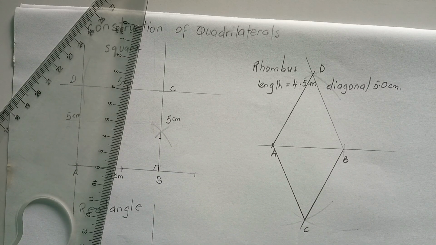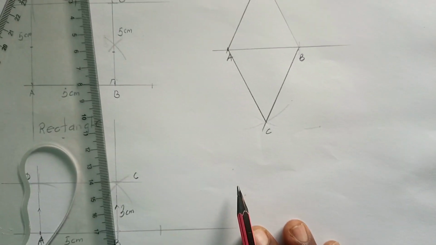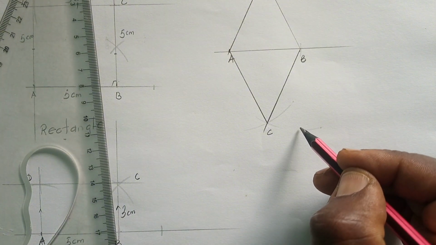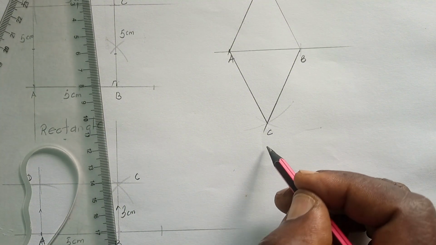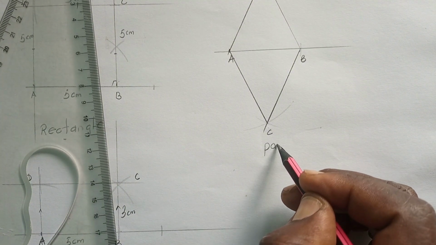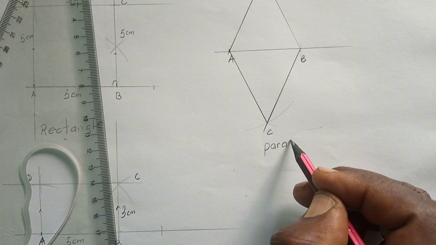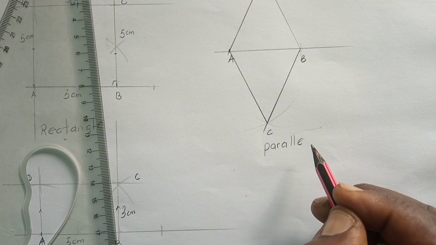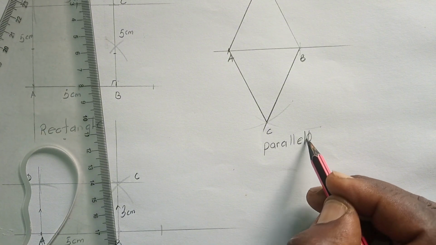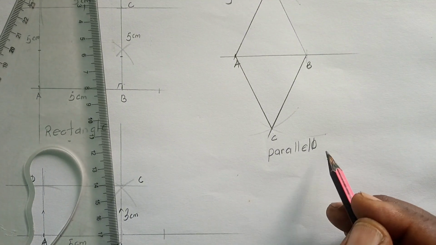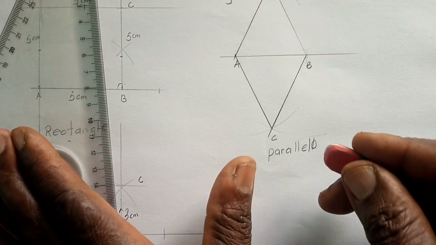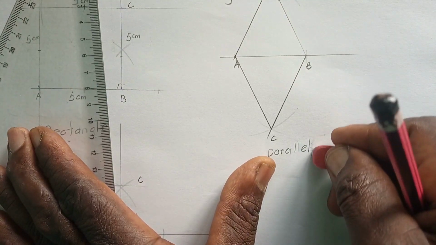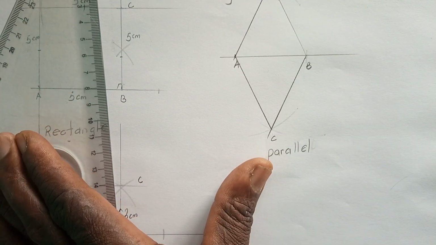Now let us look at a parallelogram. We use a rubber to erase that way, then you clean the area.